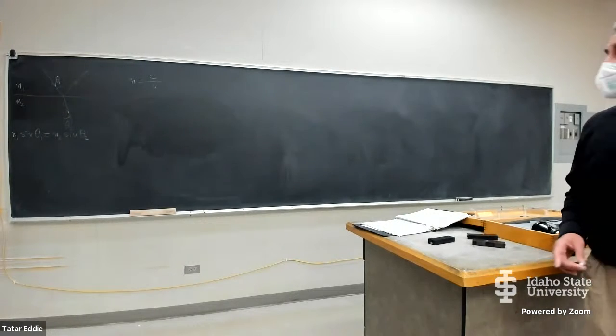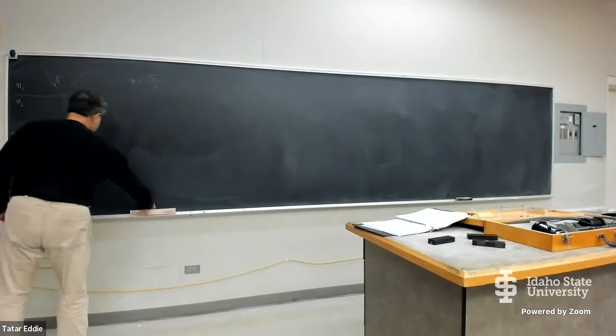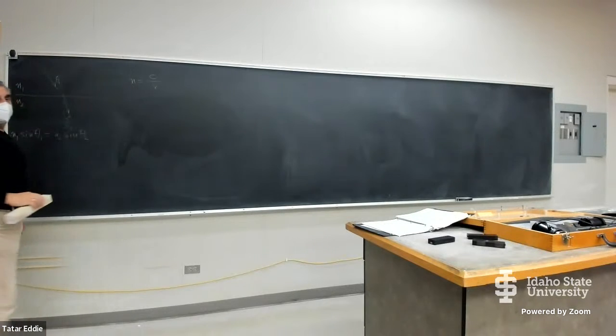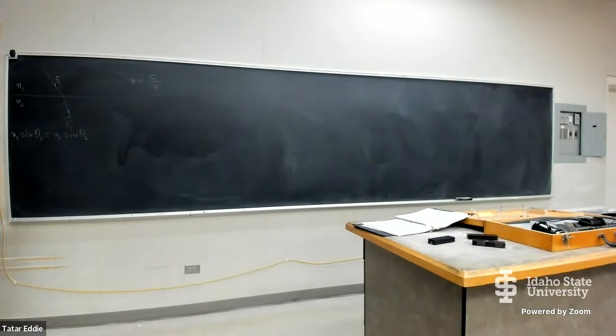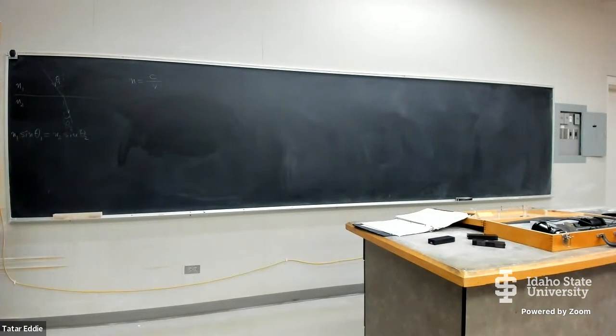Okay, so now looking at the diagram of refraction of light. Usually we just don't show the reflected light ray, because we don't study it right now. But can you tell me, looking at this diagram, which one is larger index of refraction, N1 or N2?